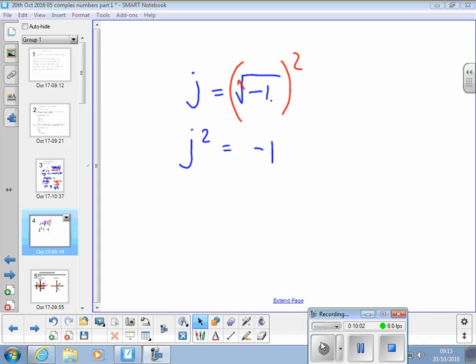So in that case, what does j cubed equal? Not quite. Minus j. Yeah?